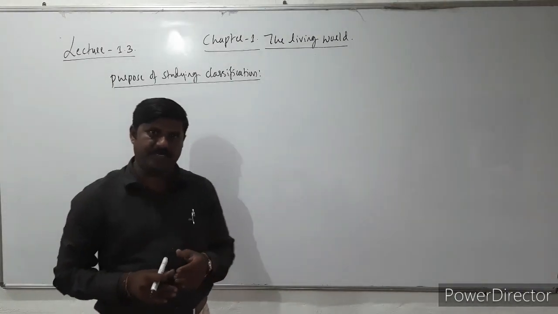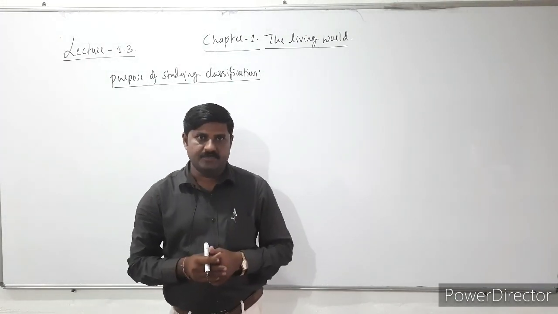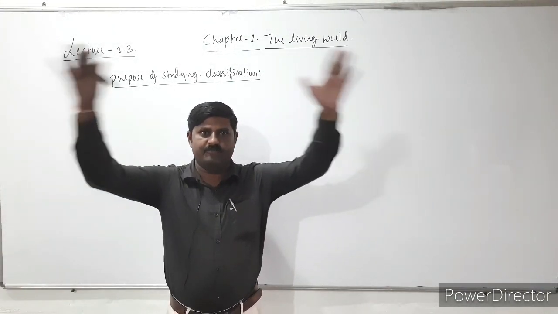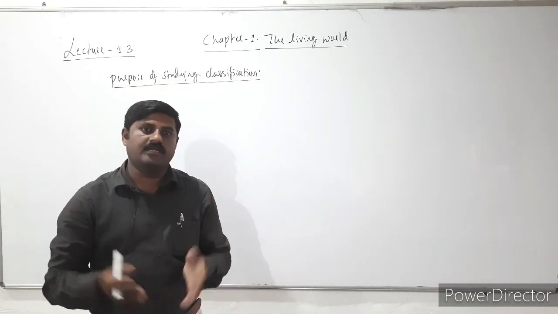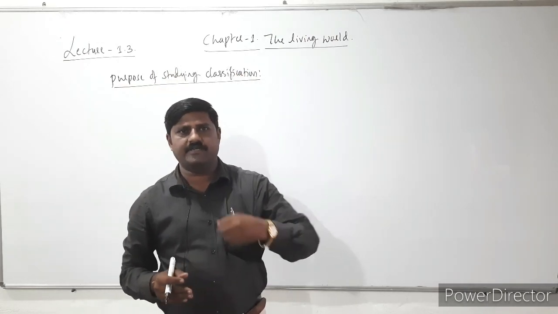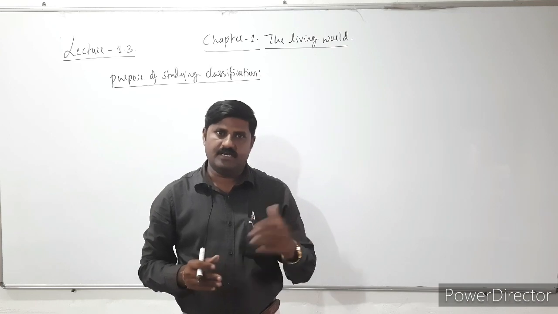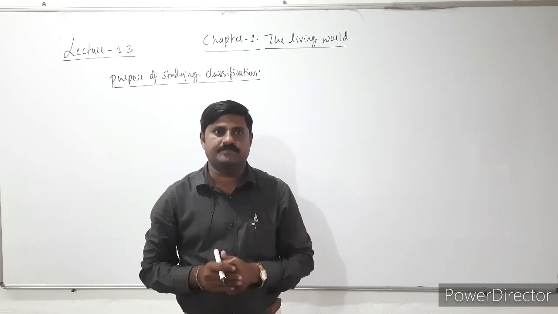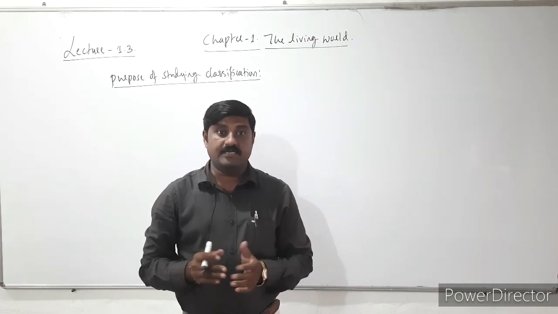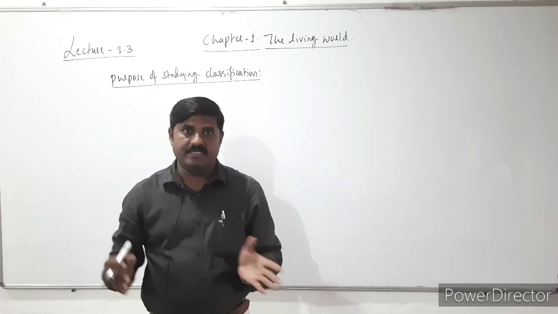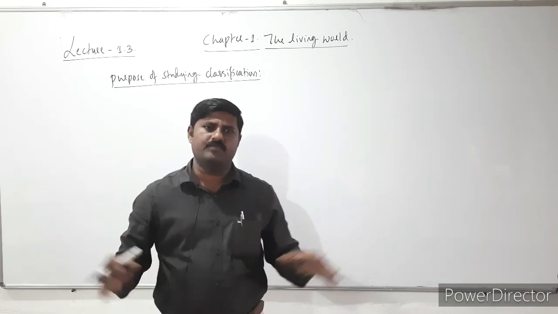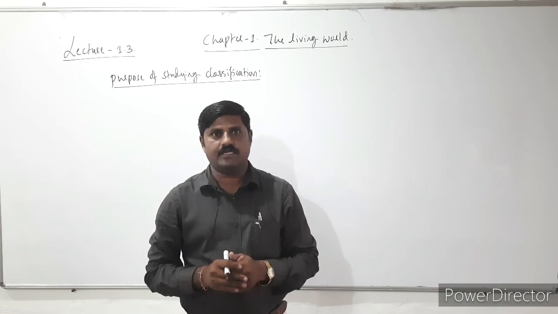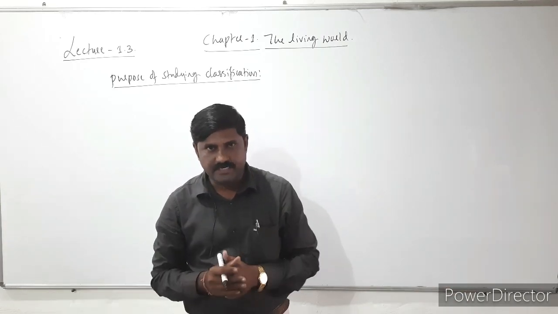So there is a library. In that library, we have kept a heap of books, and it includes all kinds of books. General books are there, history books are there, right? Like that, mathematics, physics, chemistry, every book is there, but they are kept in a heap, right?